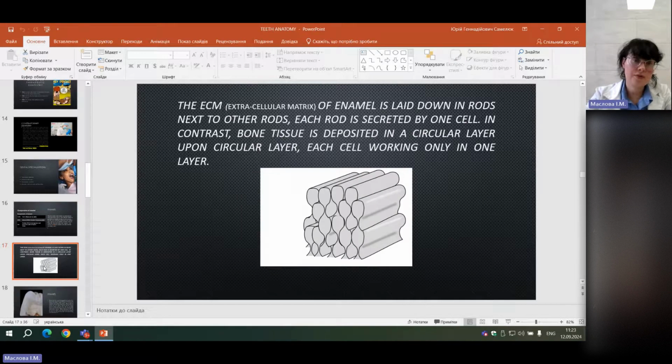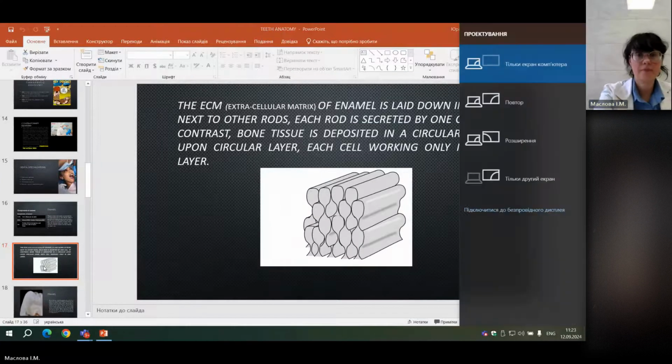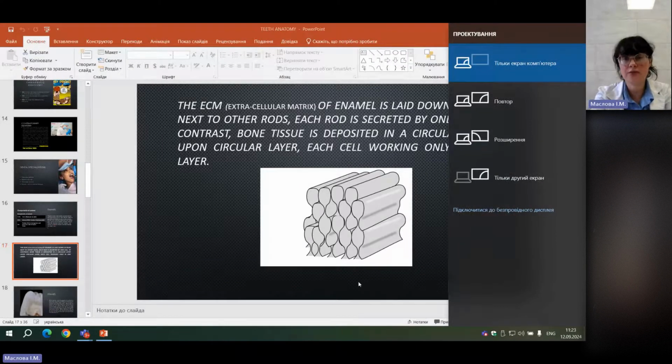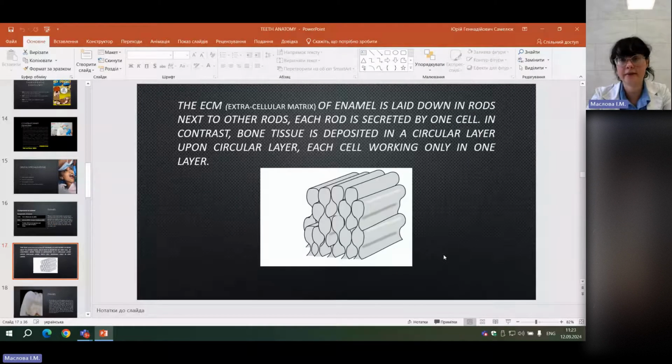Please put your attention on this slide. The extracellular matrix of enamel is laid down in rods next to other rods. Each rod is secreted by one cell. In contrast, bone tissue is deposited in a circular layer, each cell working only in one layer.